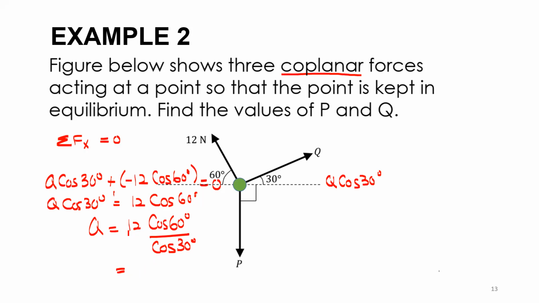What was the answer? Cos 60 divided by cos 30. So 0.577, I multiply by 12. So I get 6.9.